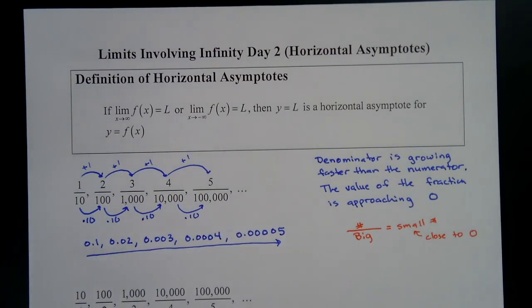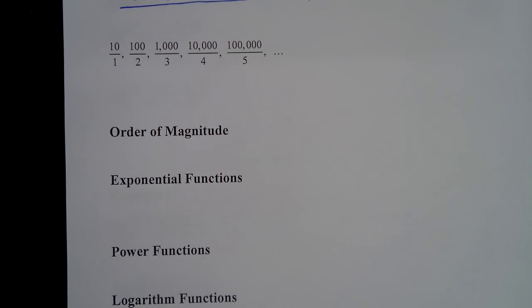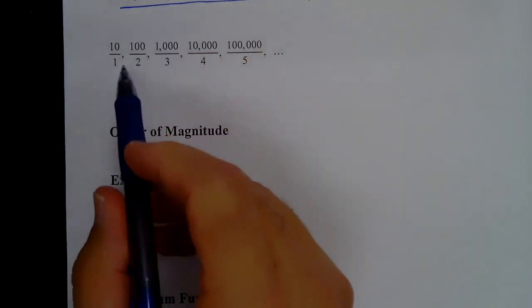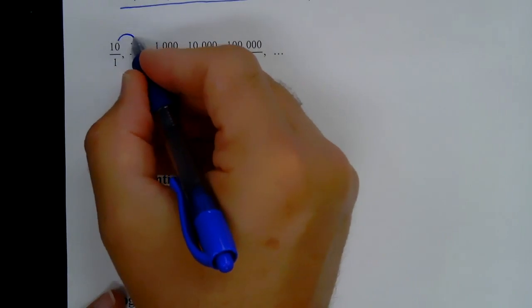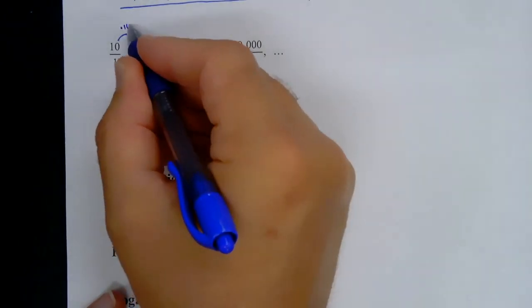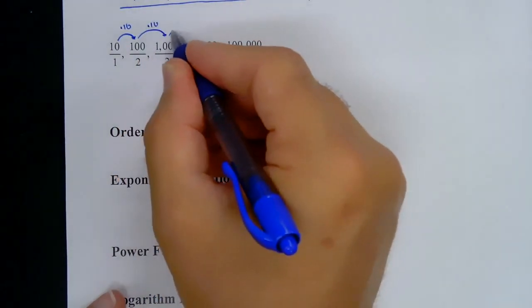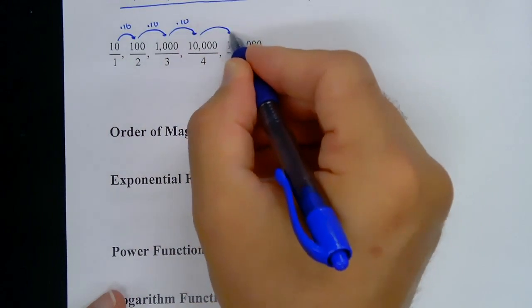All right, let's look at the next series of ratios. So this is just the reciprocal of the ones we just did. And if you look, the numerator is growing, so is the denominator. This time the numerator is growing by a factor of 10. And multiplication is more powerful than addition. So that's why, to go from one numerator to the next, we're multiplying by 10.